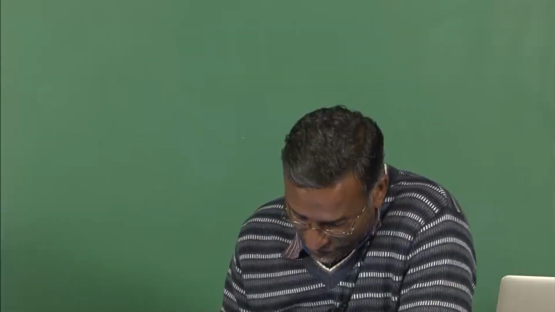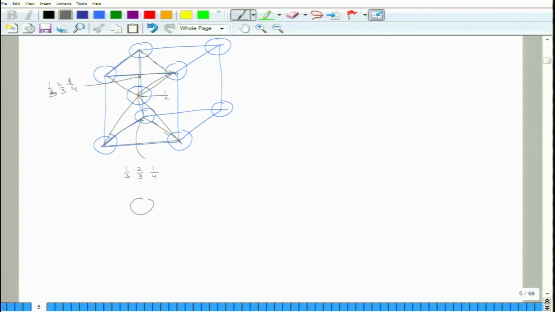Now, if you look at the top view of a hexagonal unit cell, this is the top view of hexagonal unit cell. So, the unit cell is, okay.